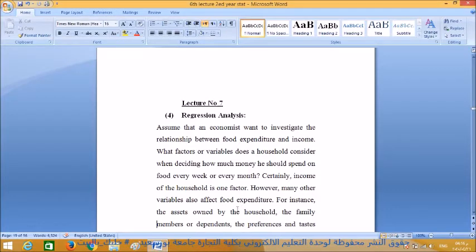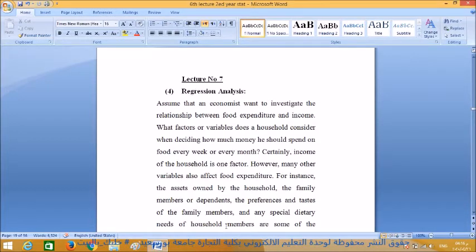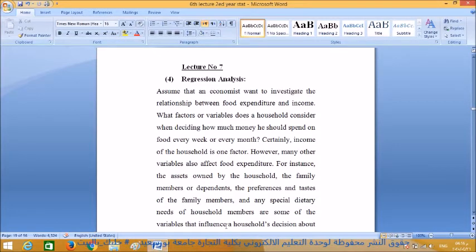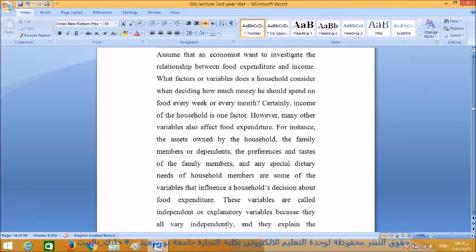For example, the assets owned by the household, the family members or dependents, the preferences and tastes of the family members, and the special dietary needs of household members are some of the variables that influence a household's decisions about food expenditure. These variables are called independent or explanatory variables.